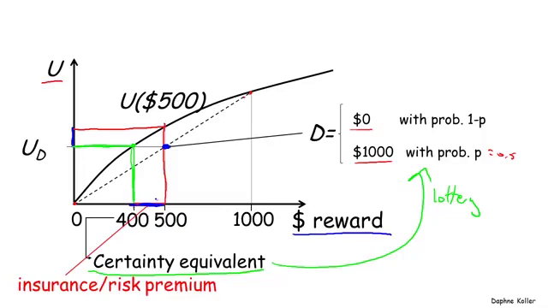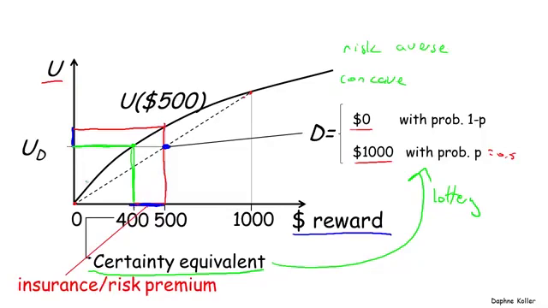So we can see that this kind of a curve that has this concave shape is representing a risk profile which is risk averse. That is, a person is willing to pay for taking less risk. Other profiles of this curve would represent different behaviors.